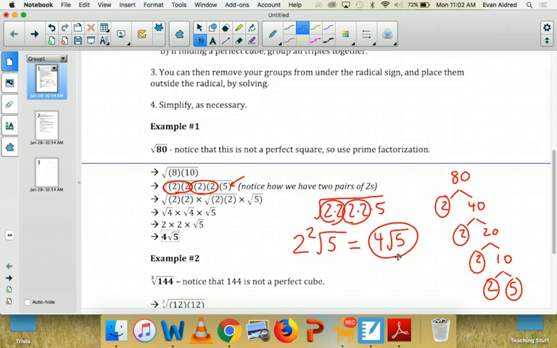And that's a really nice way to solve these problems, where we can take the value that's in the pair and move it outside the radical sign.